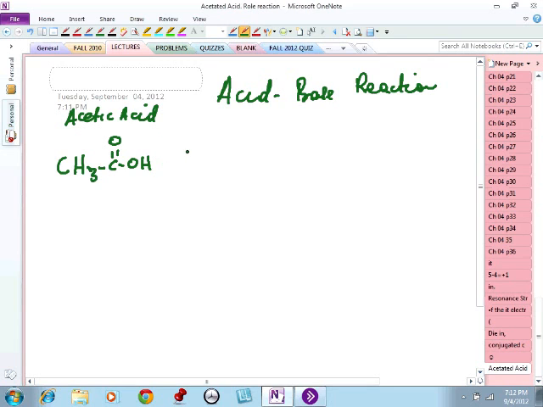If you have acetic acid dissolved in water, let us keep in mind the non-bonded electron on all of this. There is an equilibrium that is established in which the acetic acid will react to donate a proton to water.